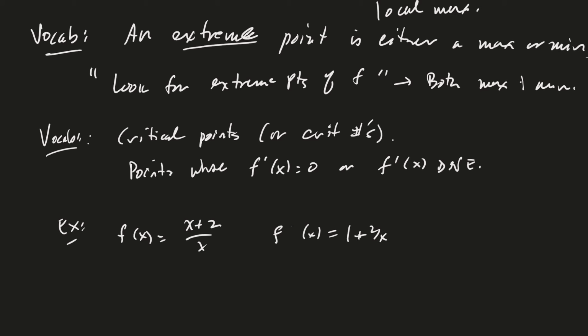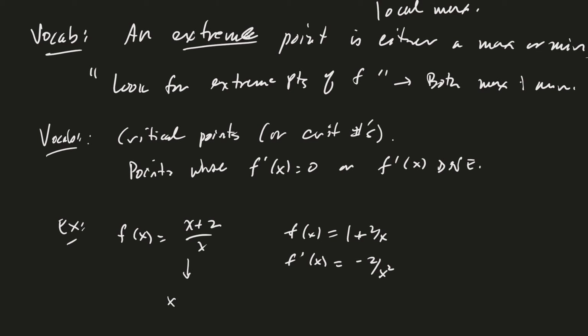Oops, f of x first. So f prime of x would be minus 2 over x squared. In this case, the question is whether or not to include x equals 0 as a critical point.